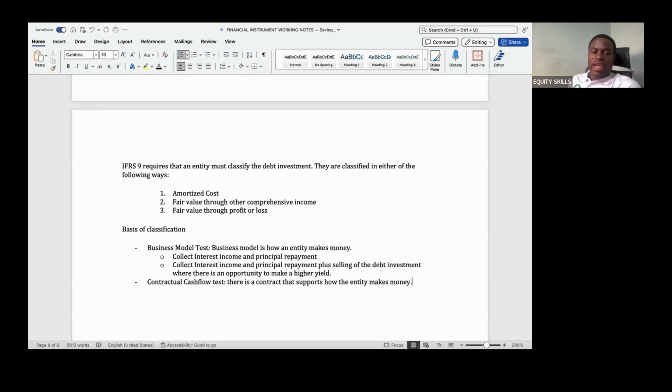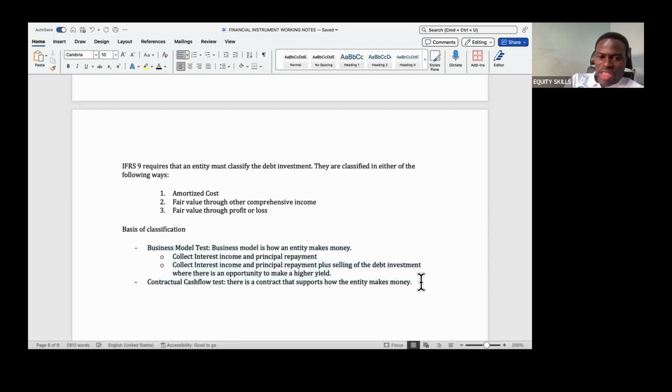So there has to be a contract that will say, you're going to be earning this particular interest, and it is a tradable instrument like that. There has to be a contract that shows how the entity makes money. So in your exams, for basis of classification, you should tell them all this.